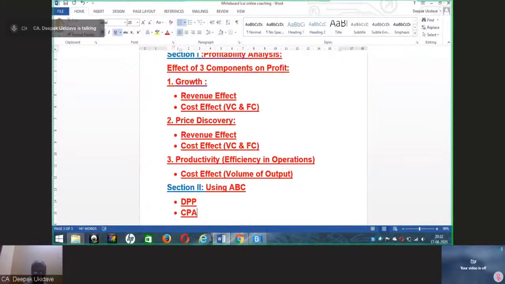So for product profitability at the net, I'm writing the formula: operating margin or operating profit minus retail, warehousing, and transportation cost.